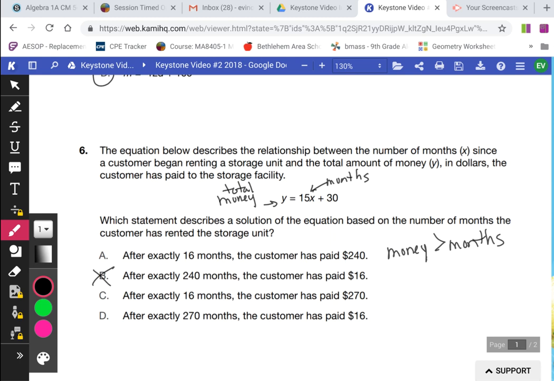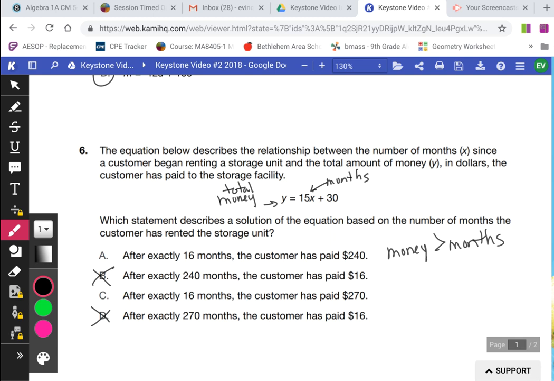C, we have months smaller than money, so that's good. And D, again, months is bigger than money, so let's eliminate that one. See how easy it is to just get down to a 50-50 chance? Pretty easy.